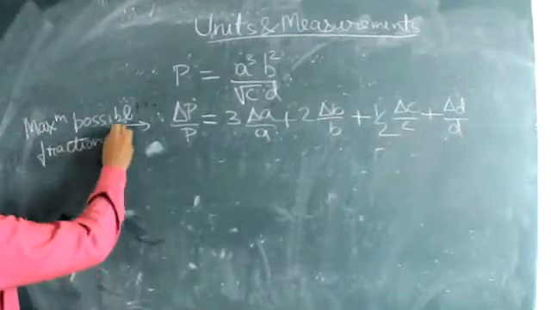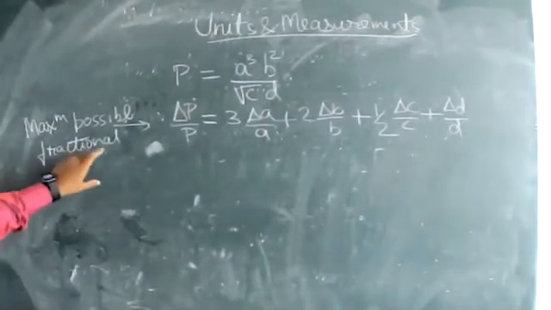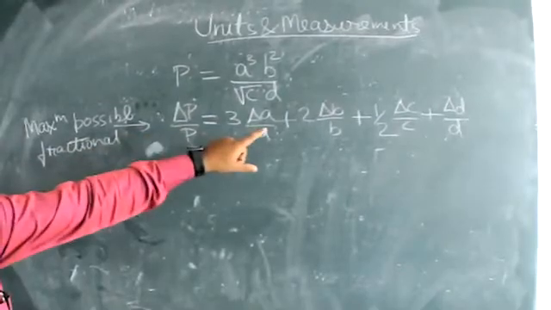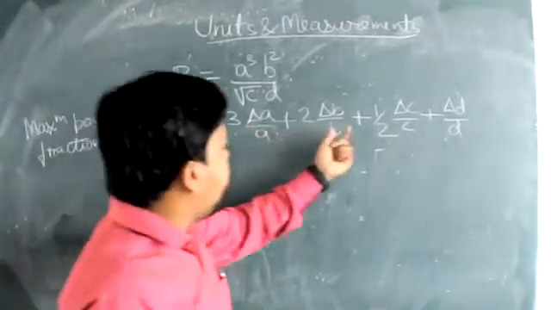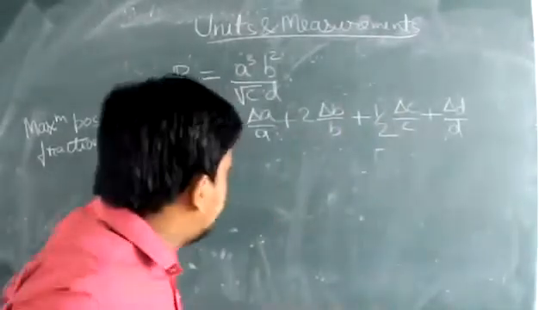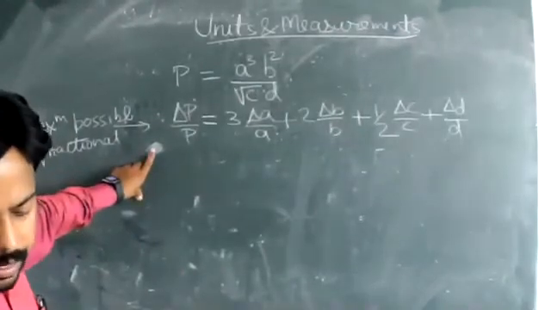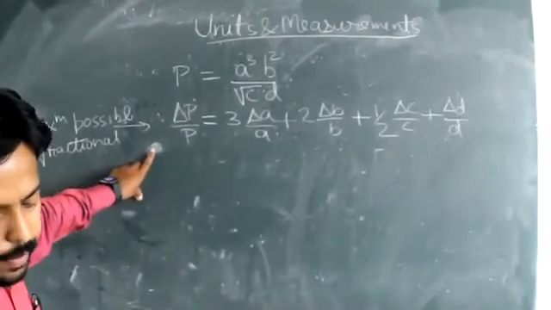I hope you are all revising the previous topic which has been taught, and on that basis I am writing all these things. Instead of taking any negative sign here, I am taking all positive signs. So further, this is the value of the maximum error.